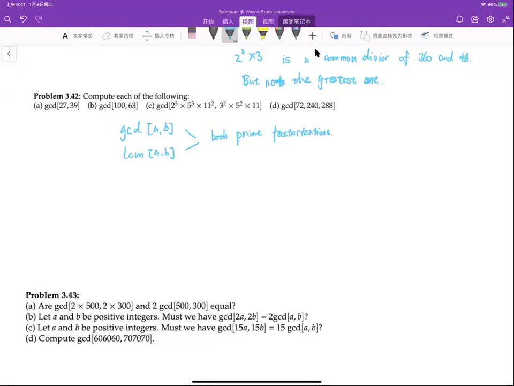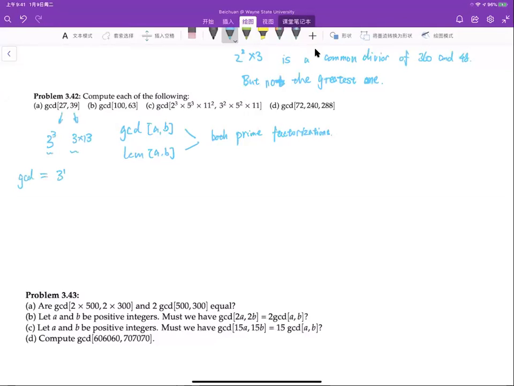For 27 and 39, 27 equals 3 cubed, and 39 is 3 times 13. You can see that the common part is only 3, or say 3 to the first. So the GCD will be 3.